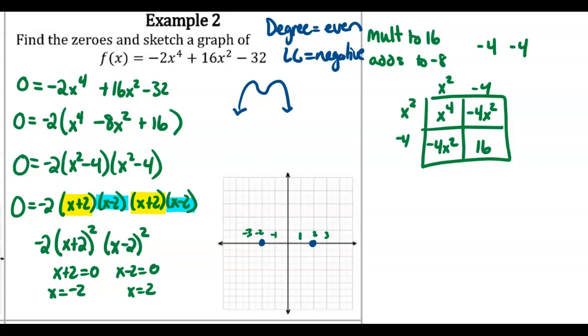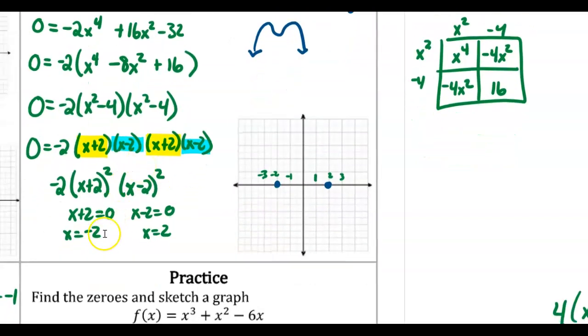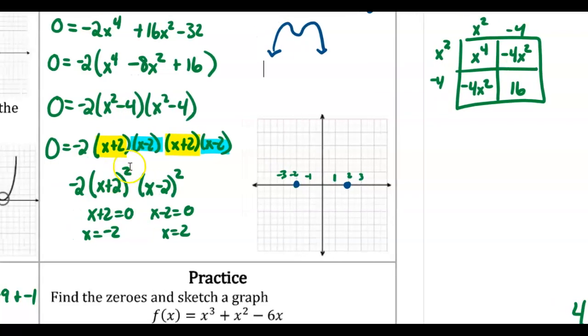And so since I know that the -2 was repeated twice, you see how this power is 2? So that tells me it had an even power. So it was repeated twice. And remember that even powers tell you that it touches at that axis, it doesn't go through.